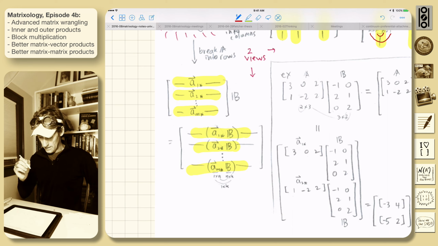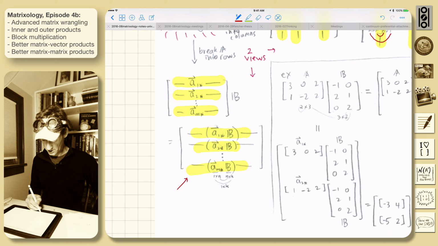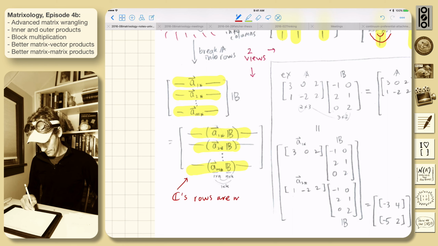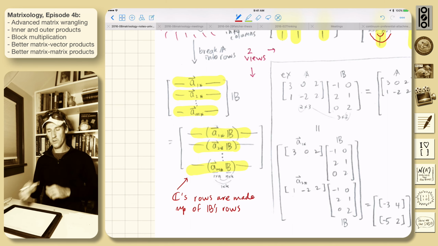So the way to think of this is that this says that C's rows are made up of linear combinations of B's rows.